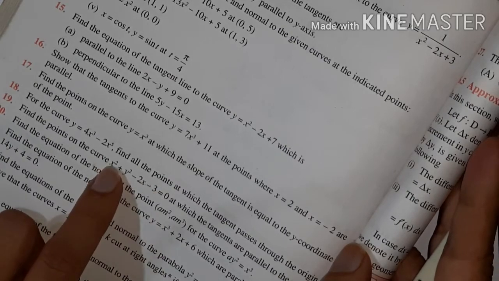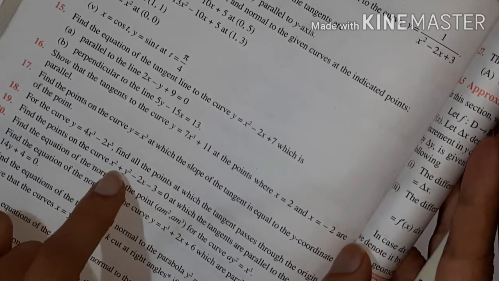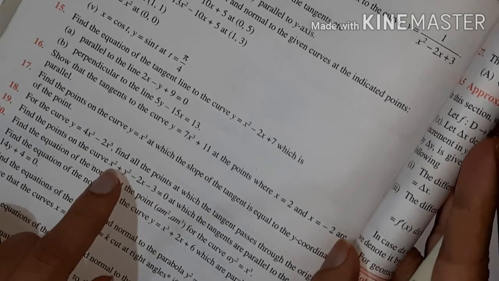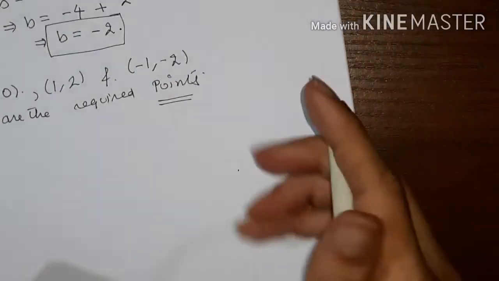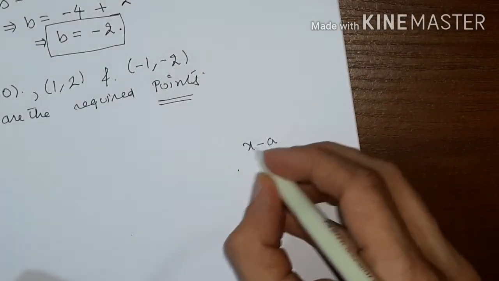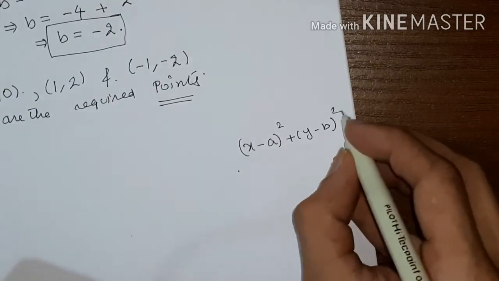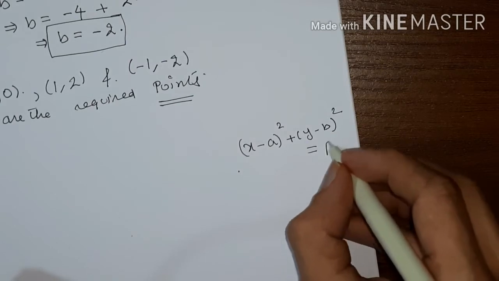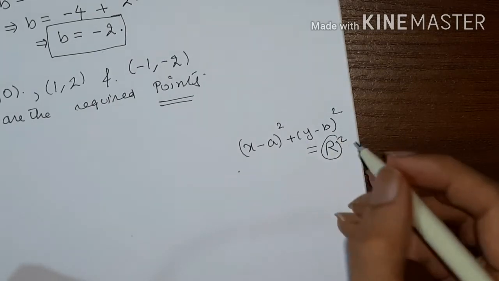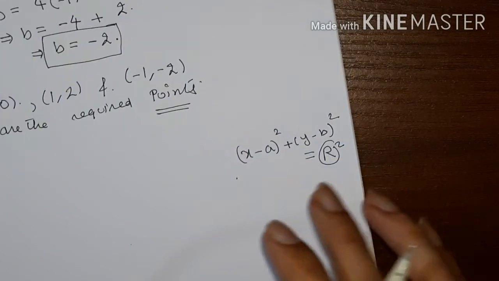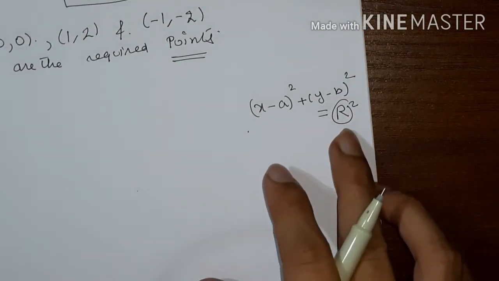How I came to know is, the equation of the circle is x minus a the whole square plus y minus b the whole square equal to r square, where r is nothing but the radius of the circle. You know this.